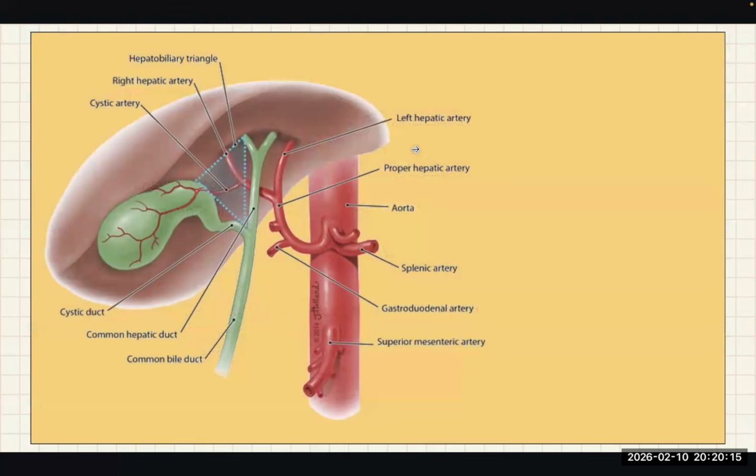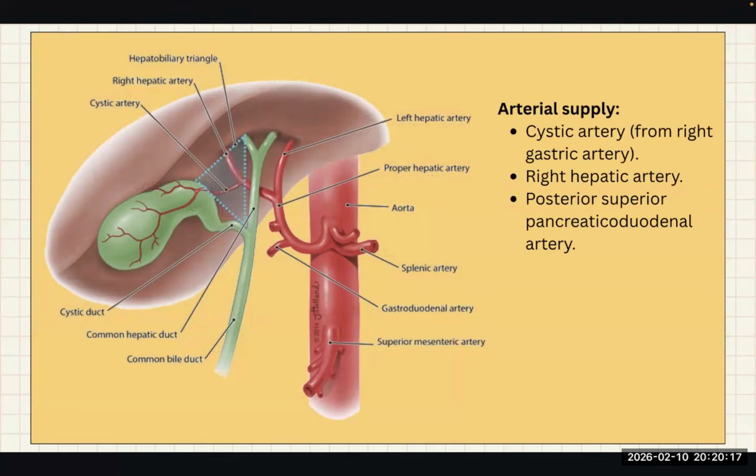Okay, now for our arterial supply. Arterial supply is the cystic artery coming from the right hepatic artery, and the posterior superior pancreaticoduodenal artery. So the pancreaticoduodenal, again, where did we say the superior pancreaticoduodenal comes from? Because these are very important and they get tricky during the exam, under stress.